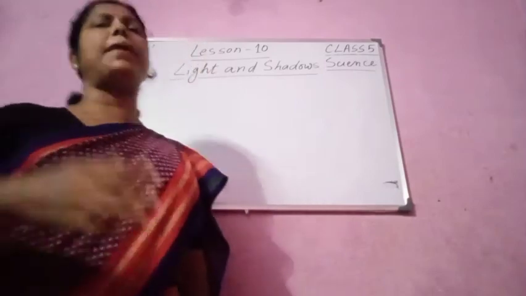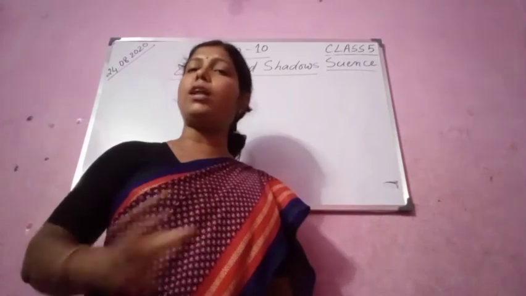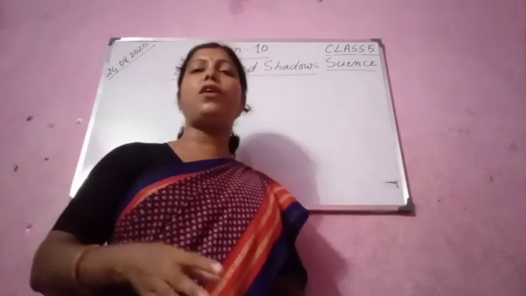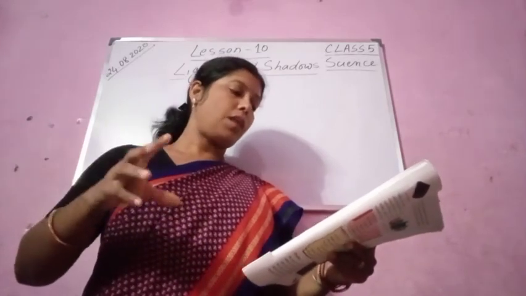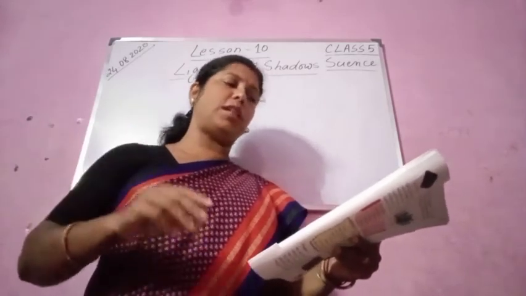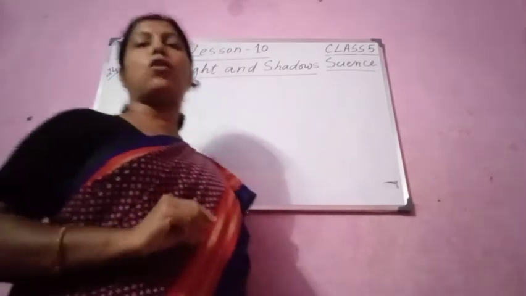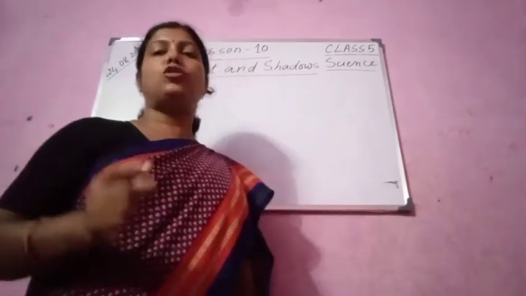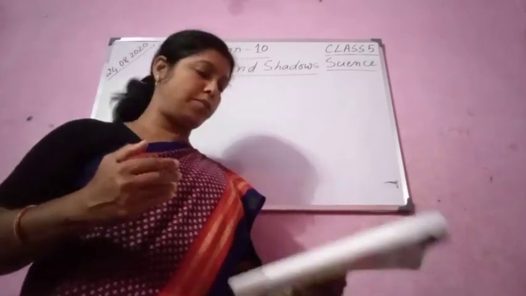See, there are many things in your room. They do not emit light. But when light falls on them, they are visible. What are they called? They are called non-luminous objects. So here you studied about luminous objects and non-luminous objects.